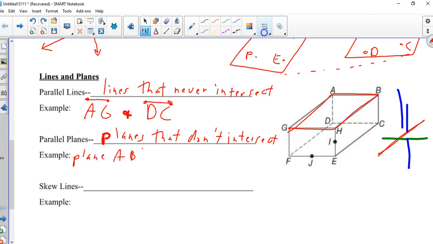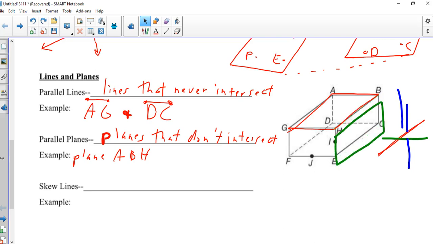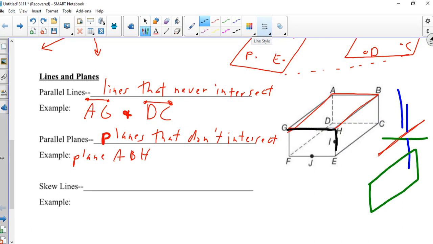ABH. Now, let's think about this. The back of the box touches at AG. The front of the box, if that's what you call it, intersects and touches at BH. See how it overlaps? The left side of the box intersects at GH.